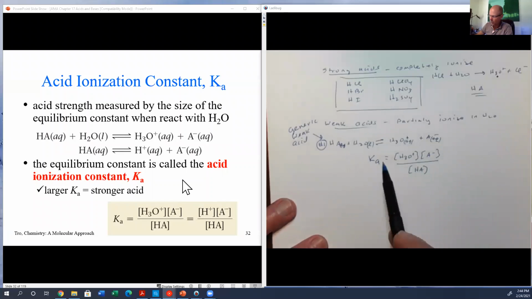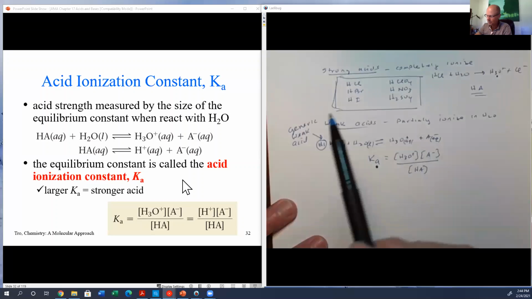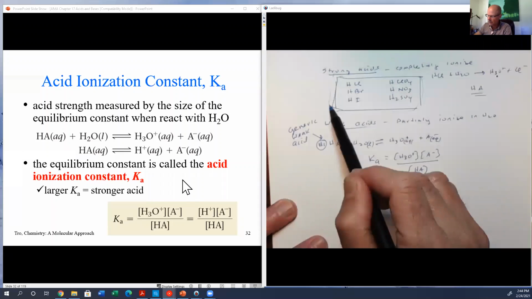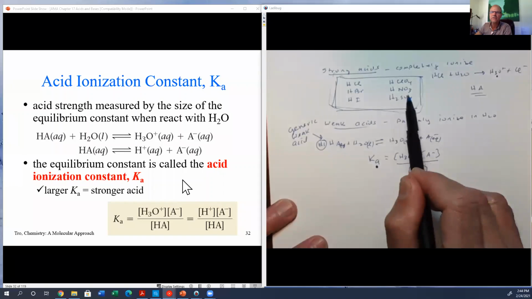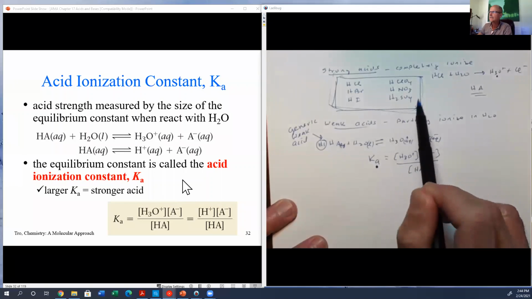But for weak acids, K is a measure of how weak the acid is, or how strong the weak acid is. So there can be some weak acids that are stronger than others. And yes, HF is a weak acid, but it's a very dangerous weak acid for the reasons I talked about. These are the only 6 strong acids. Any other acid you see other than these, you can assume is a weak acid.